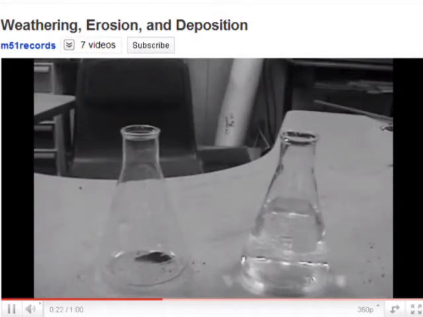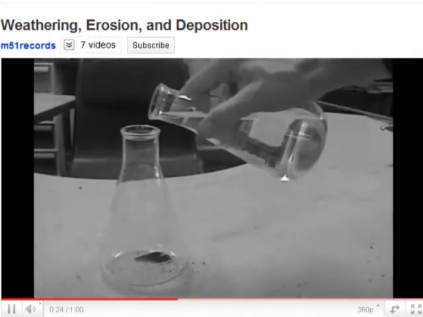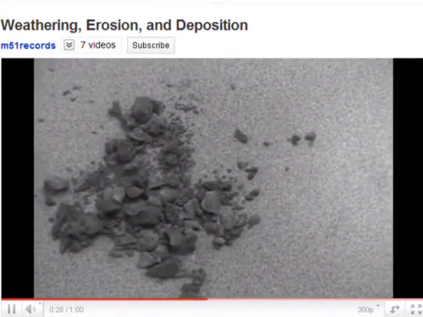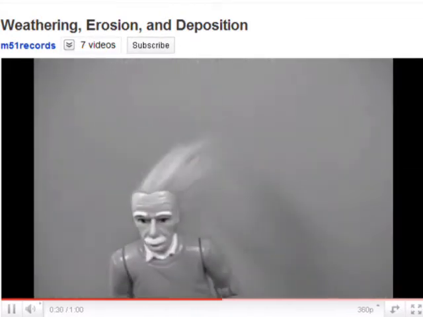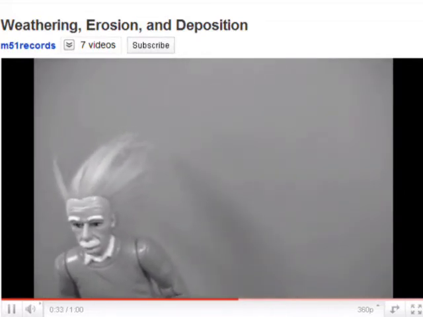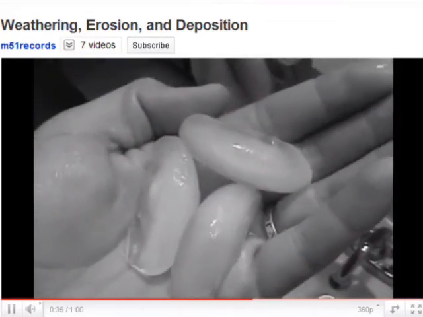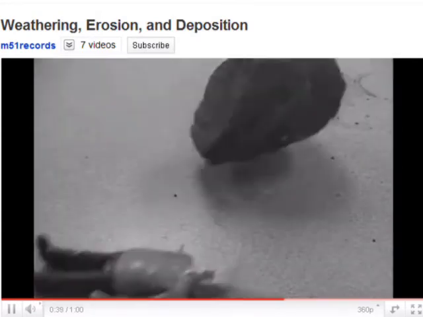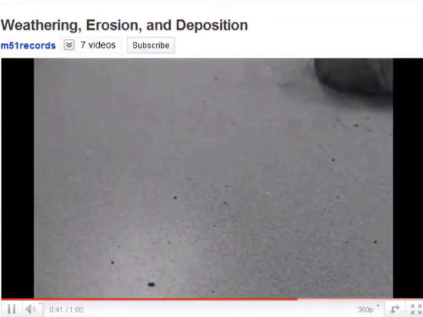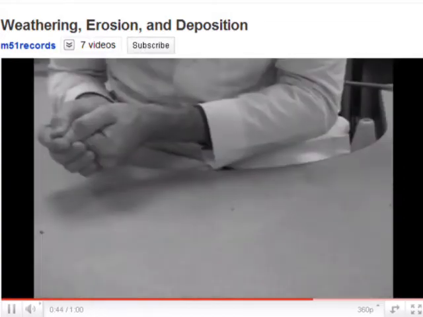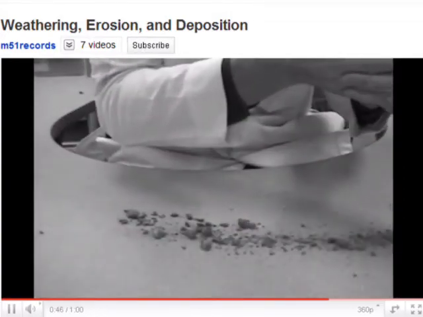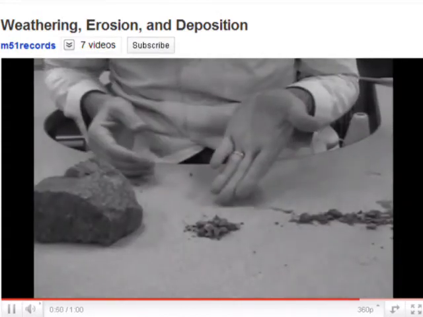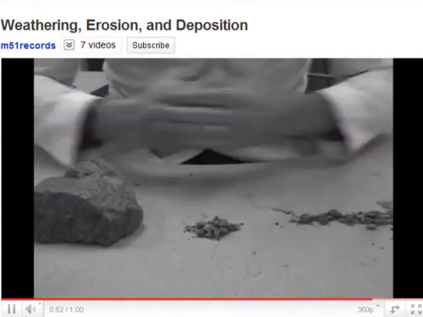The agents of erosion are water, wind, ice, and gravity. The sediments are then dumped off in a process called deposition. Weathering, erosion, deposition.